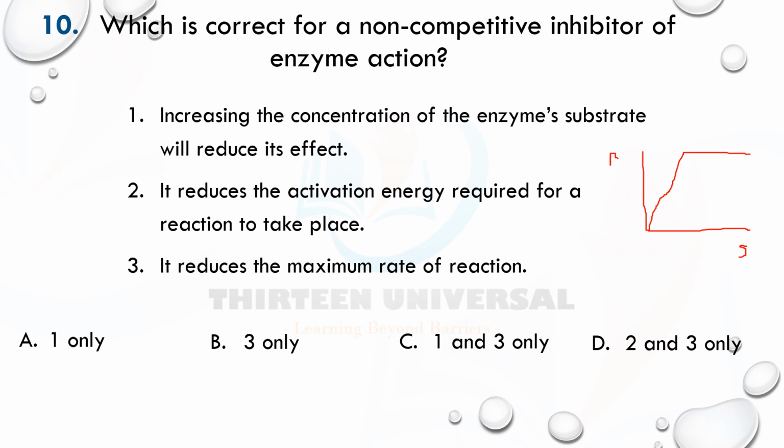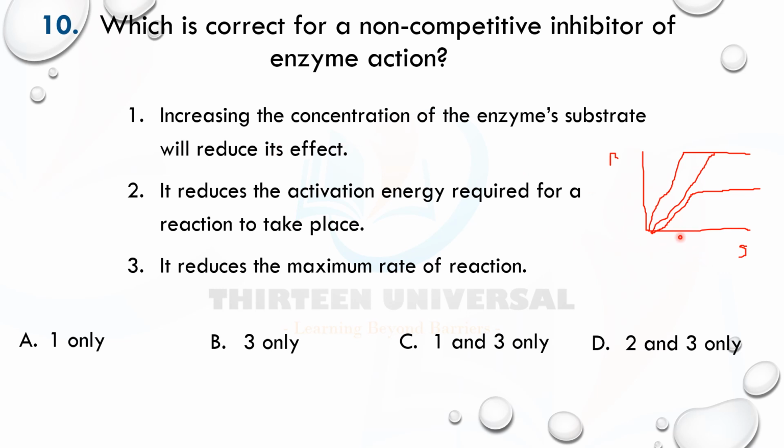With competitive inhibitors, it still continues to go up and reaches Vmax. With non-competitive inhibitors, it just goes up and levels off. It does not reach the Vmax. So this is non-competitive, this is competitive, this is without inhibitor. Statement one says increasing the concentration of the substrate will reduce its effect.